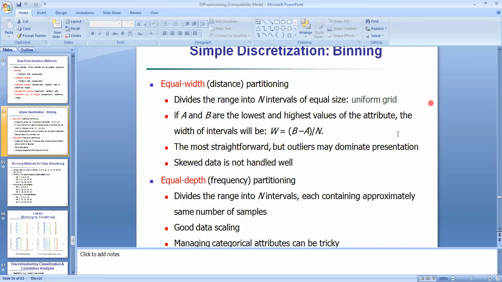If A and B are the lowest and highest values of the attribute, the width of the interval will be (B minus A) divided by N.